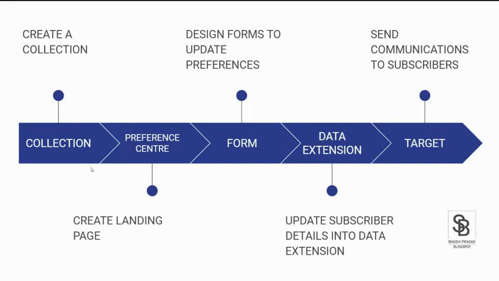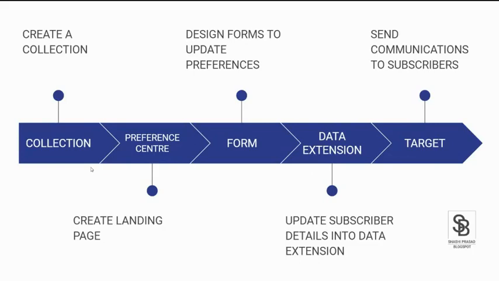Now the preference center basically changes the whole evolution of this communication. What might happen is, today I send a communication to Sumit because he has given me the email consent, and I started sending communication. That communication might not be relevant to him. He's not interested in those communications, so he might decide to unsubscribe. But if I design a page in such a way that I give him the option to select what he wants and what he doesn't want, then he might say, why should I unsubscribe from this communication?